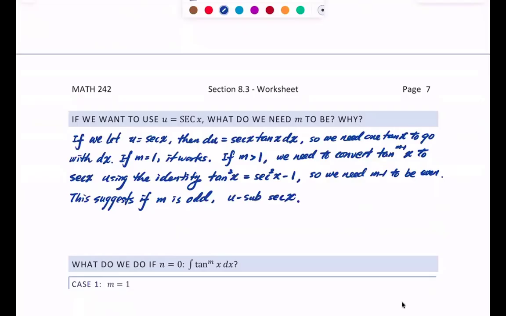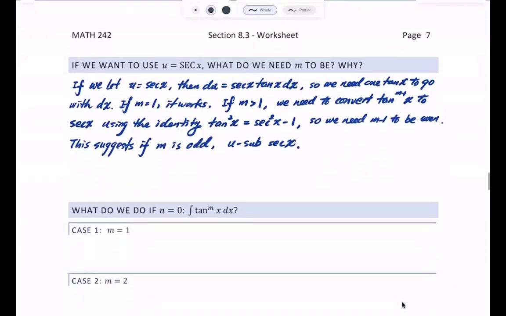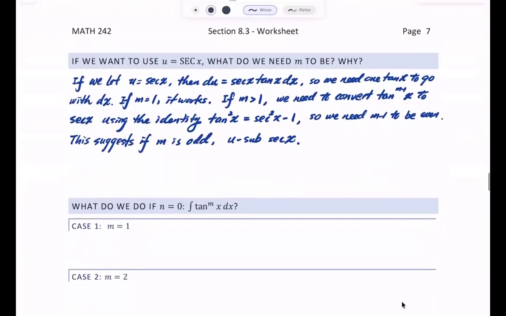Okay, so hopefully when you get a problem, you reason, you think the same way. Try not to memorize the numbers. All right, so what if you just integrate tangent?